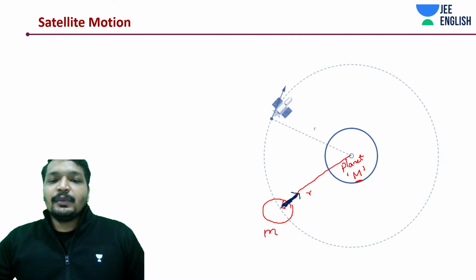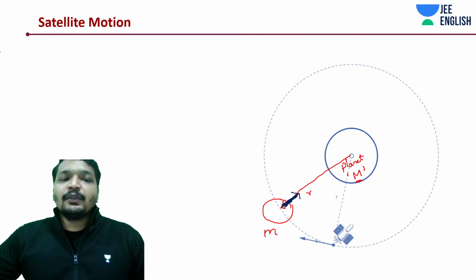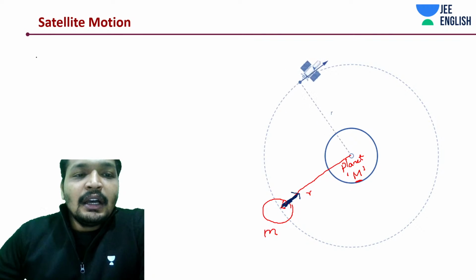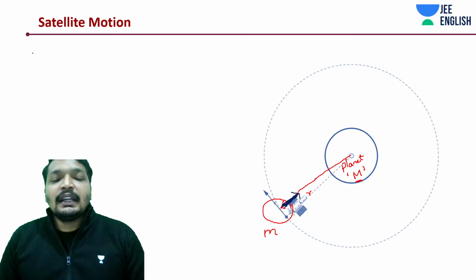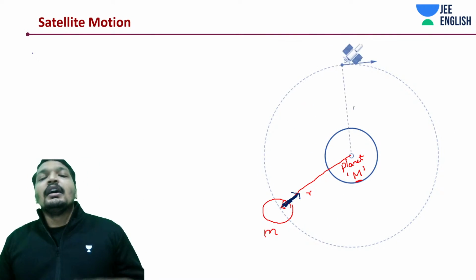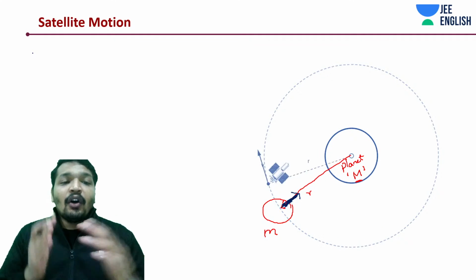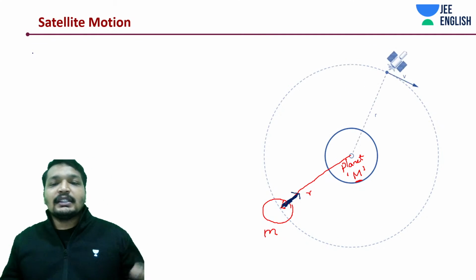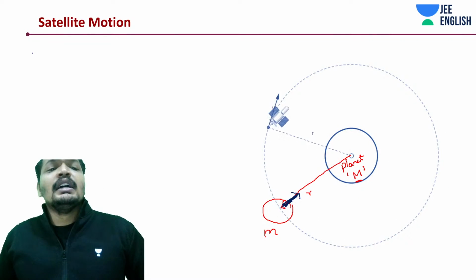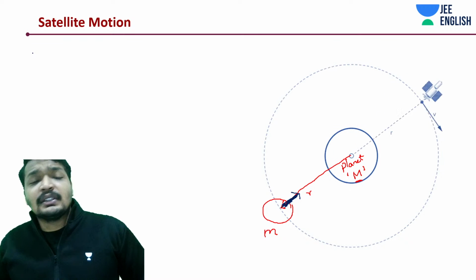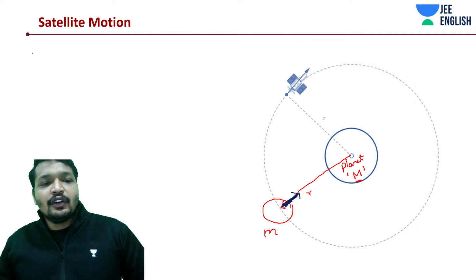These act on a satellite, which could be natural, like the moon, or an artificial satellite that we have launched.